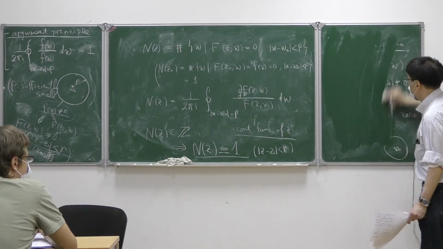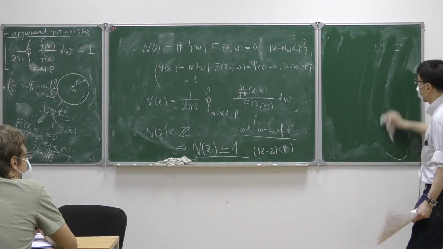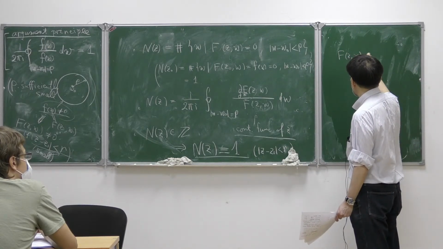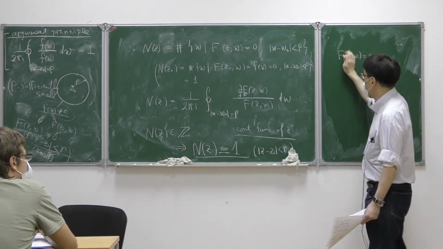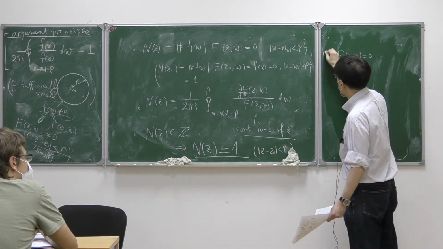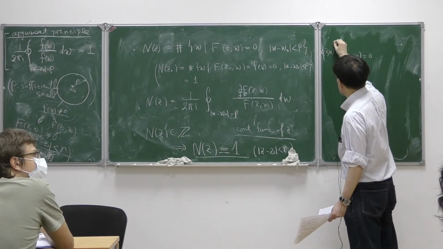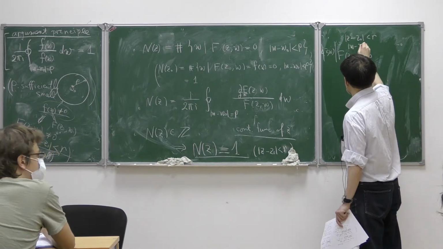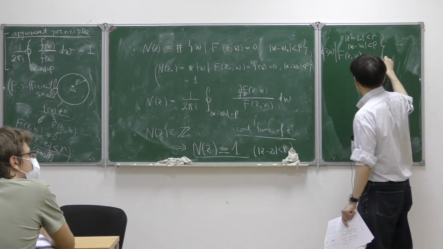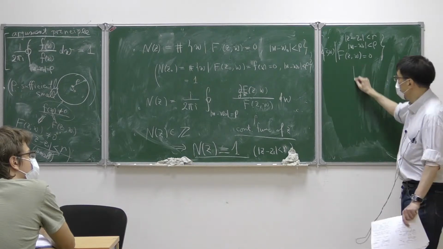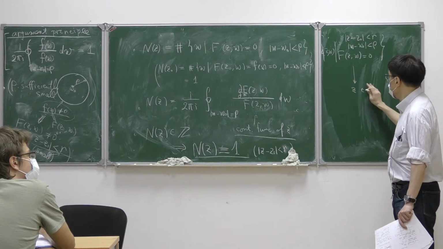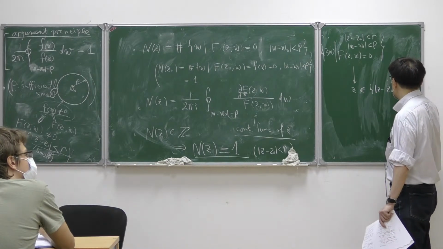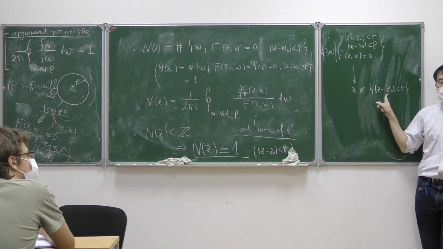This means that there is only one zero of this polynomial in W, for Z in this region.